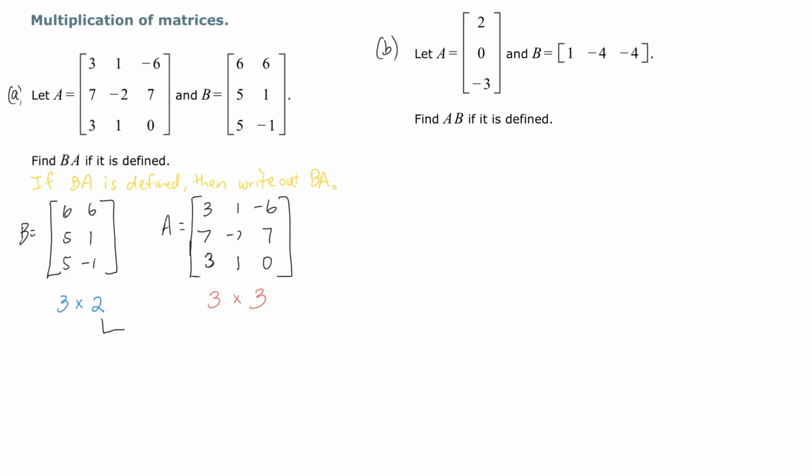So we're checking this. Remember that 2 is the number of columns of the first matrix, and this first 3 is the number of rows of the second matrix. Well, does 2 match with 3? And the answer is no. These do not match. So I'm going to write don't match.